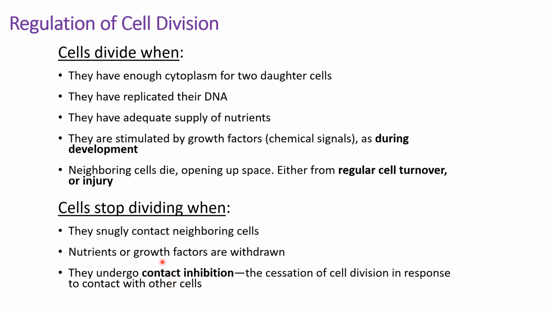Cells will stop once they're close to each other. This is called contact inhibition. You should probably know that term; you might have a question on it. Contact inhibition is when cell division ceases because cells have made contact with each other.